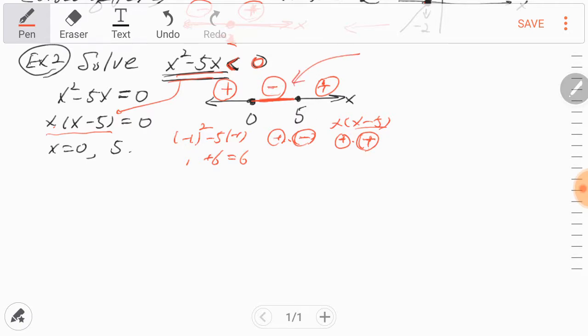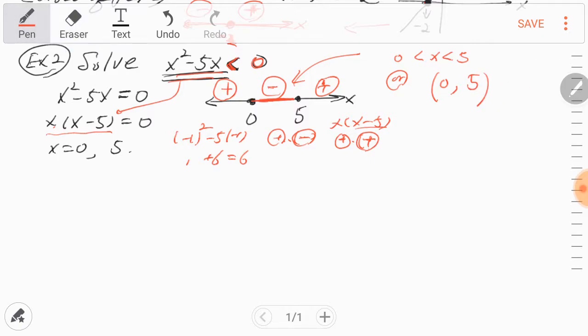Since there's no equal sign, we don't include the endpoints 0 and 5. Or you can write it in interval notation from 0 to 5, with parentheses, not brackets.